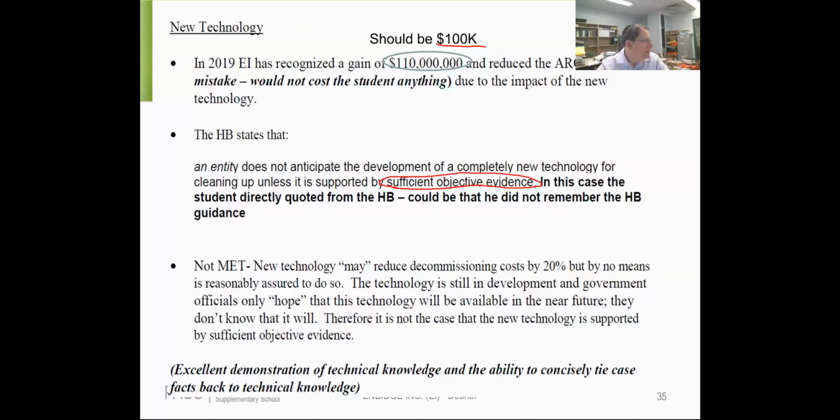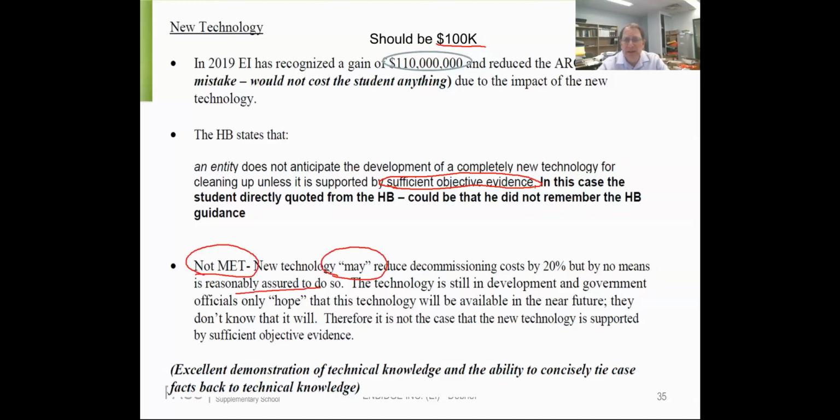So in this case, I'm saying no, they have not met the criteria. Why? Look at the case facts. The new technology, people, this is from the paragraph I showed you before, may reduce the decommissioning. That's what it said. That's not reasonably assured that it will.